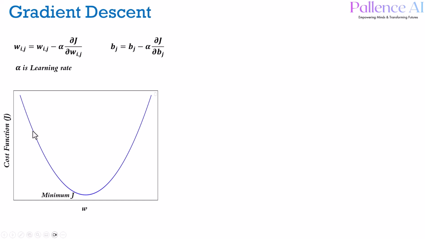In essence, you're taking small steps, and you want to go to this minimum J, where the cost function is almost zero. If you can go there, you can say your model has learned and your weights have become optimal. So you start with some randomly guessed weights and slowly take baby steps, and you keep going until you reach this green color here, which shows the minimum cost function.